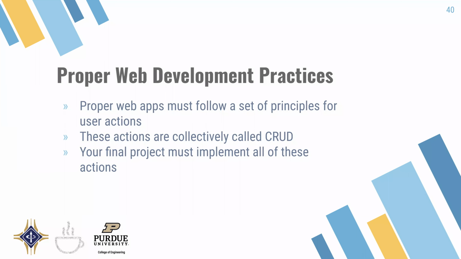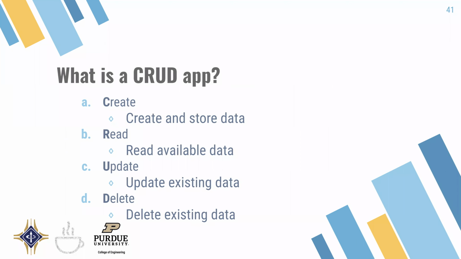To have proper web development practices in this regard, we're going to have to follow four key actions that we have to include in our program. The acronym for that is CRUD. That stands for create and store data, that's the first thing we want. The second is read available data. The third is update existing data.